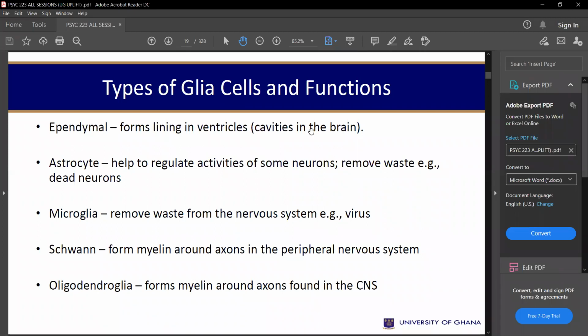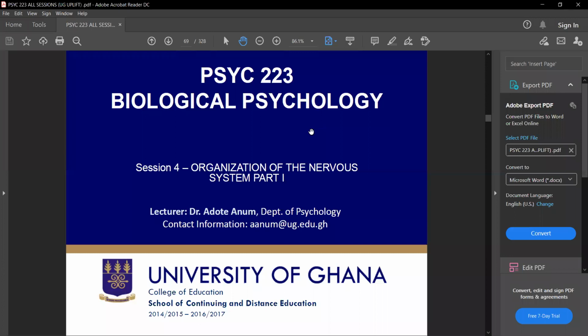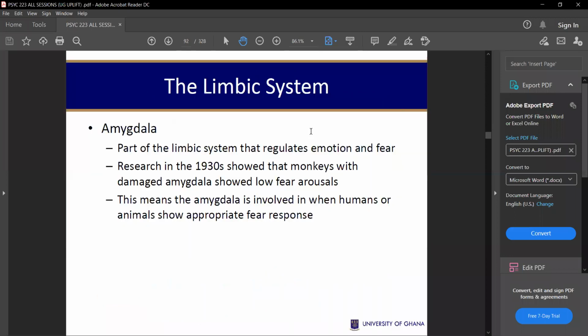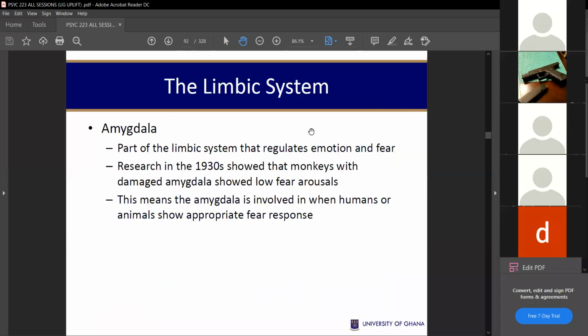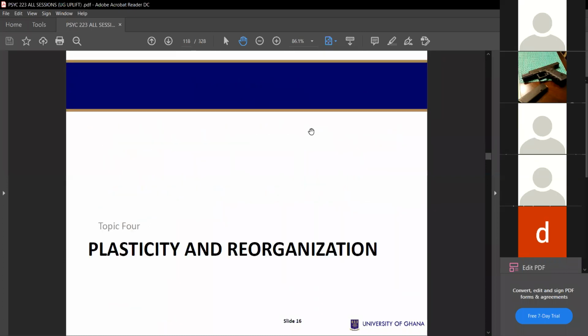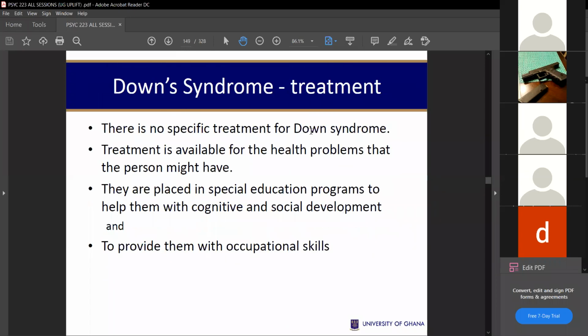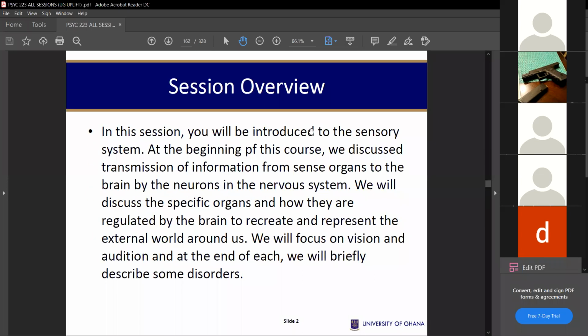Let me see if I can get a drawing for ventricles so that you grasp it well. I pray I get some in your slides. So ventricles, they are more or less like holes within the brain. Unfortunately, within your slides, I can't see any drawing for ventricles.